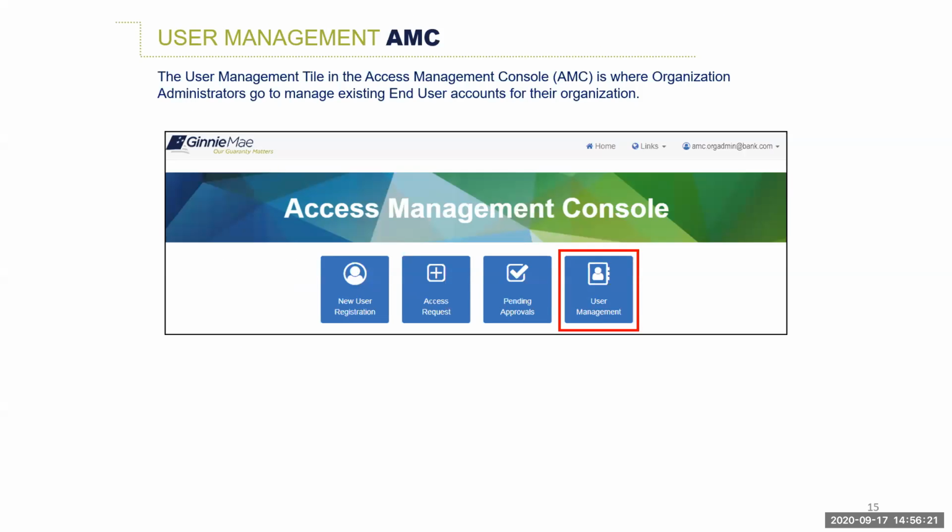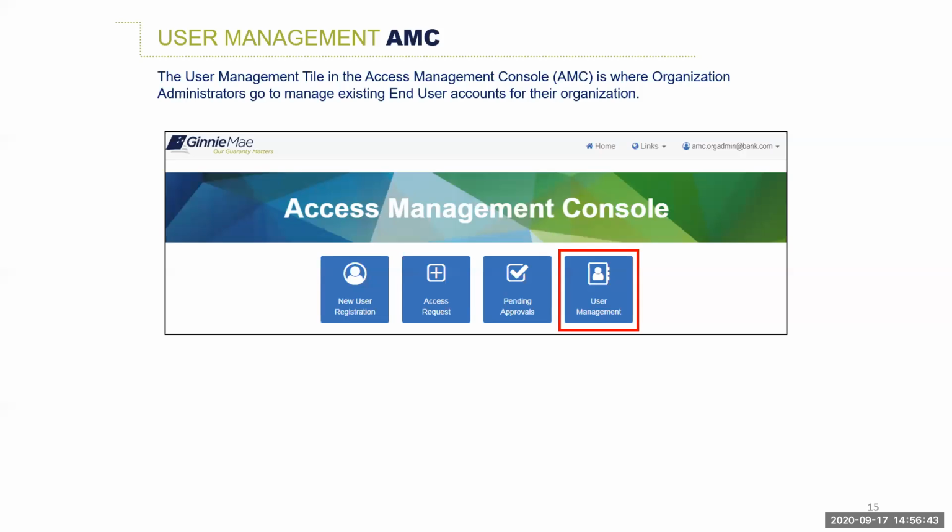So the Access Management Console, we already talked about how to get there, and we already talked about these tiles. What I want to identify is that the second half of the presentation is about managing user accounts. So you've already sent the new user registration request. You've already made sure that they have an account, and you've assigned functional roles. You've taken care of all of the approvals.